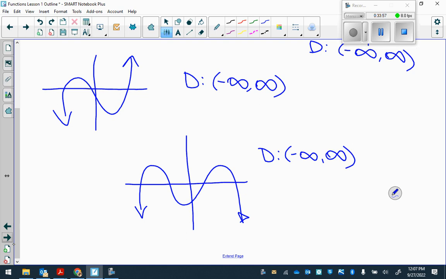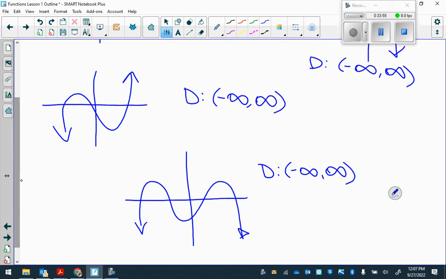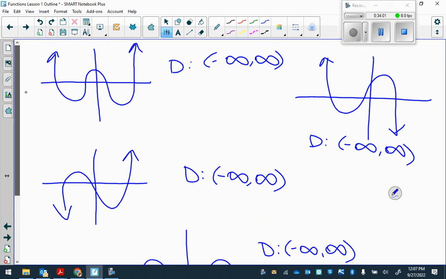Okay, so these are all examples, especially with the arrows, and there's hundreds more, thousands even, with the arrows where negative infinity to infinity will be your domain.